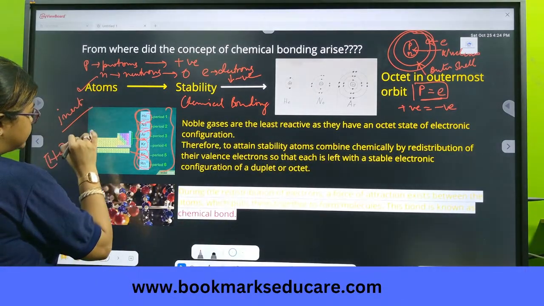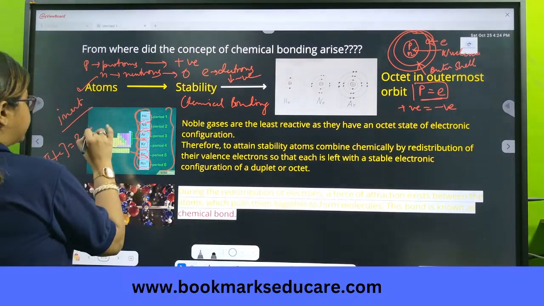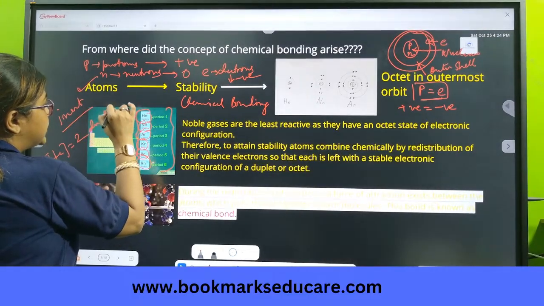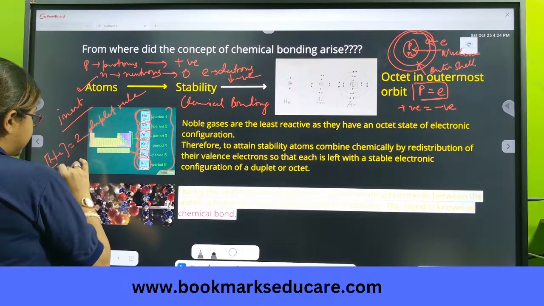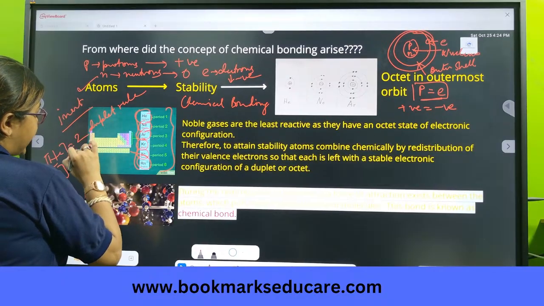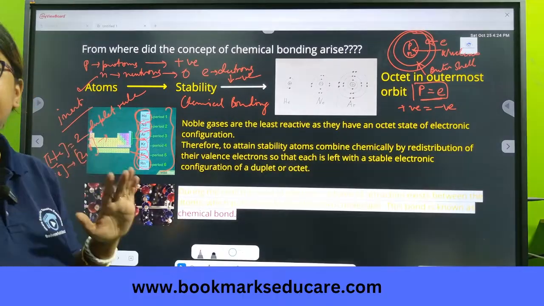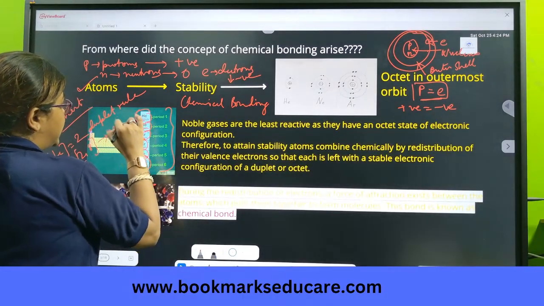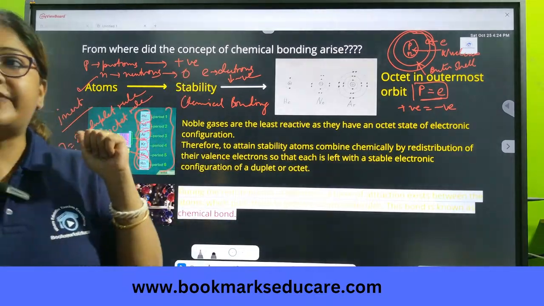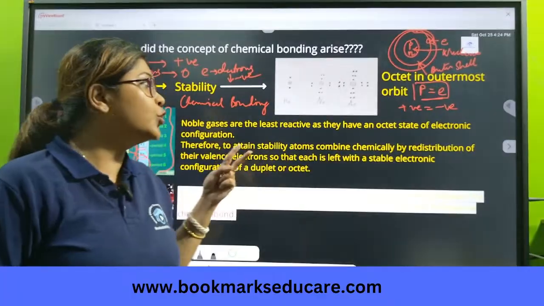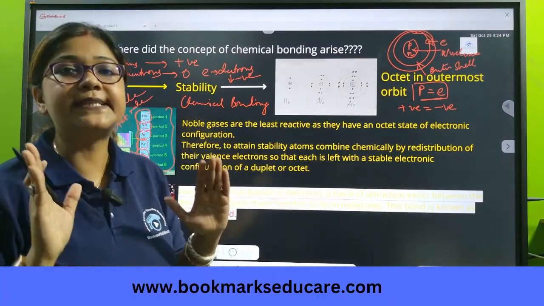Helium has 2 electrons in its outermost shell, that means it follows the duplet rule. Neon is 2 and 8, that means in the outermost shell it has 8 electrons, so it follows the octet rule. Whenever the valence shell has 2 or 8 electrons, that means the atom is highly stable.